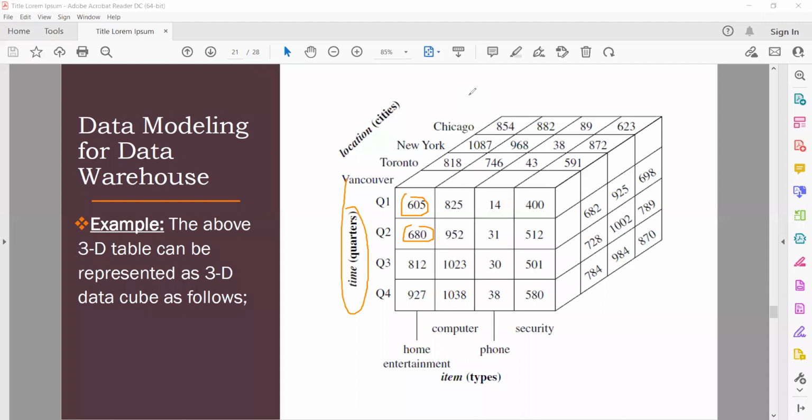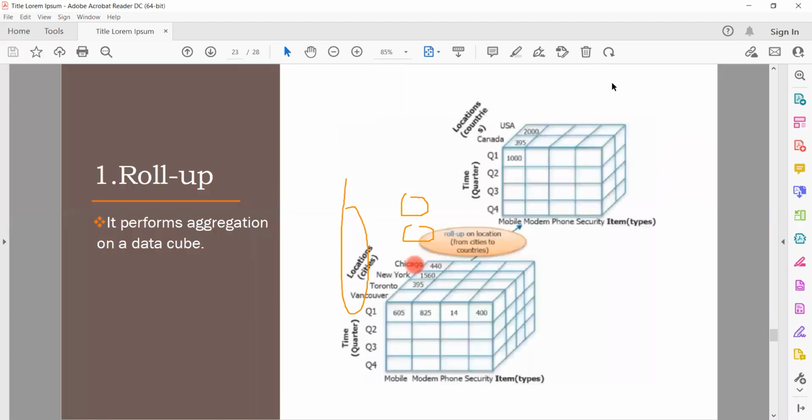I will show you the slide. Can you see my screen? Yes, sir. Okay. When you look at it, they are dividing by countries because their data set contains different cities of different countries. So how will they roll up?